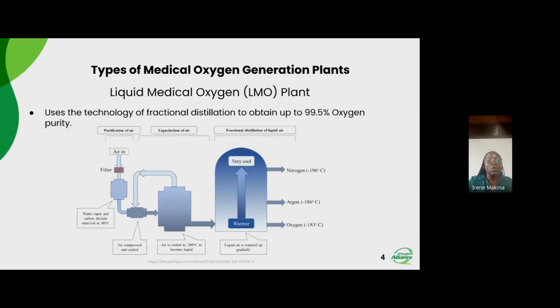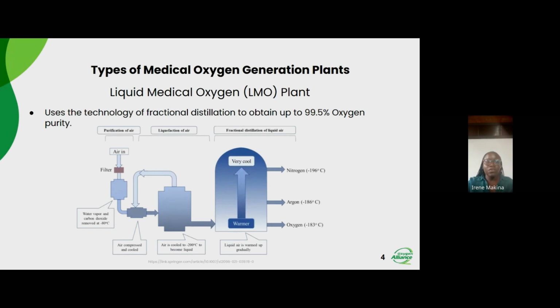Liquid medical oxygen uses the technology of fractional distillation. The steps involved include filtration of air to remove impurities, compression, liquefaction, and liquefaction by cooling. Carbon dioxide, which liquefies at minus 80 degrees Celsius, is removed, followed by further cooling to minus 200 degrees Celsius.